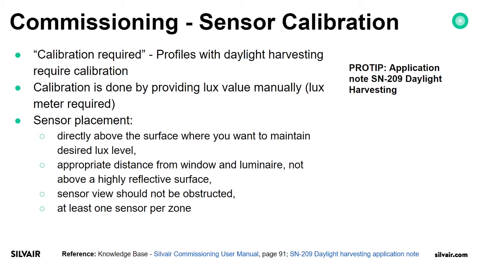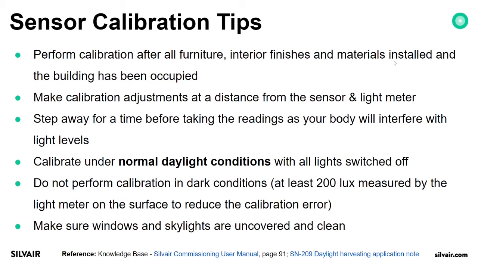So if the calibration was made on the table, and in the future the user would like to use some kind of panel or mouse pad on the table, it might give some errors afterwards. So it's not easy to have one setting for every environment.